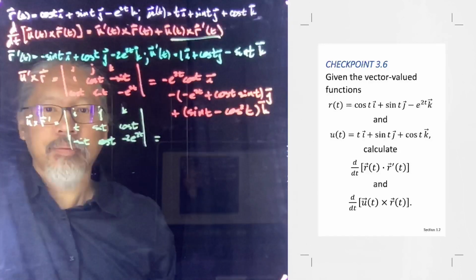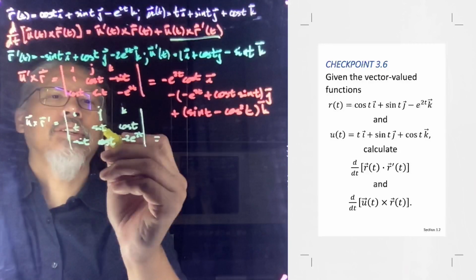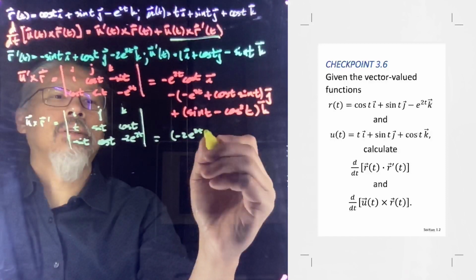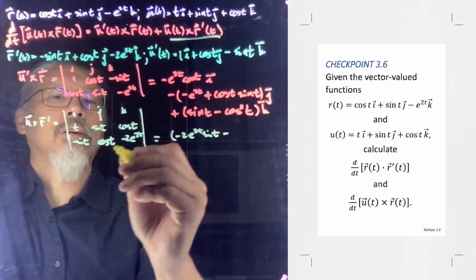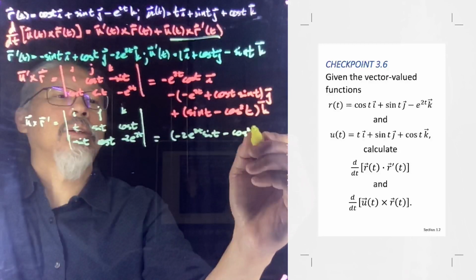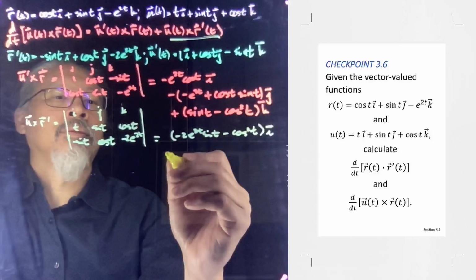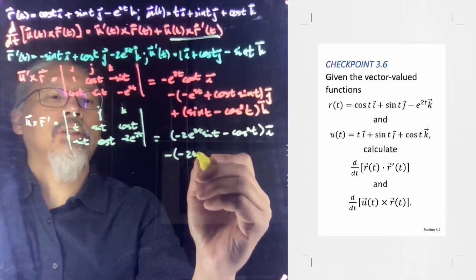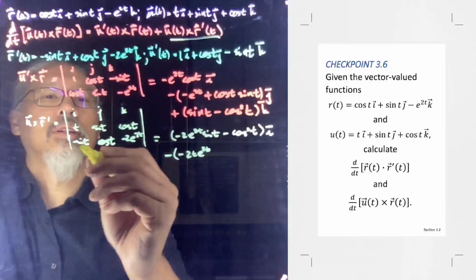All right, let's start with the i direction. We have a negative 2e to the 2t sine t minus cosine squared t. And in the j direction, we have a negative 2t e to the 2t.